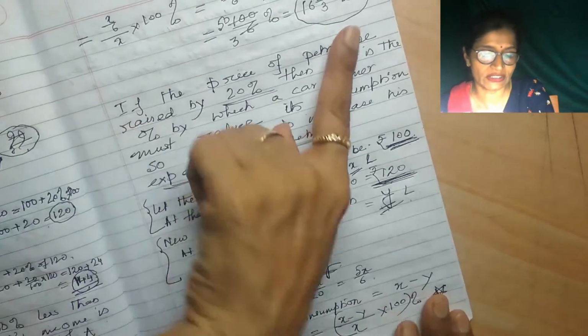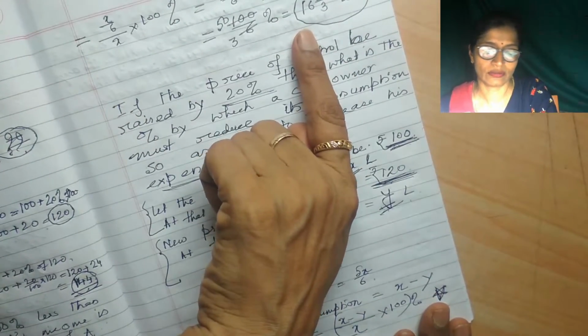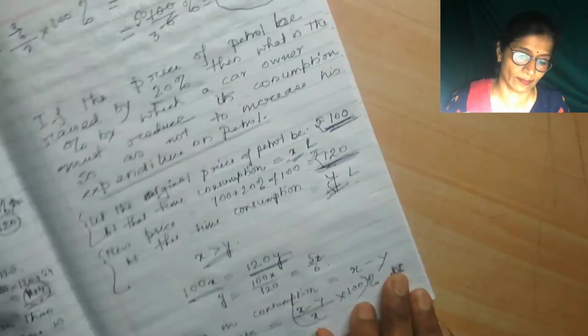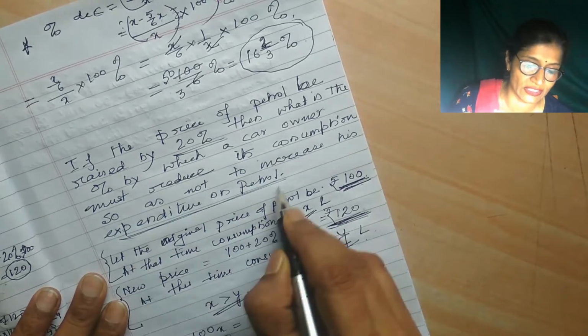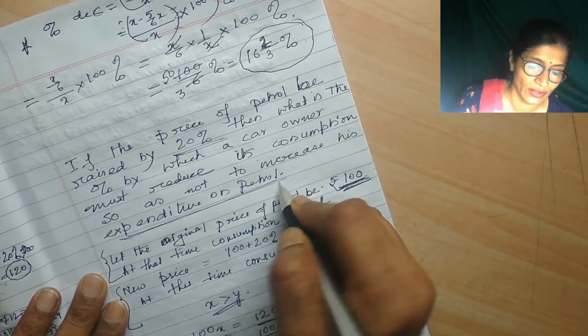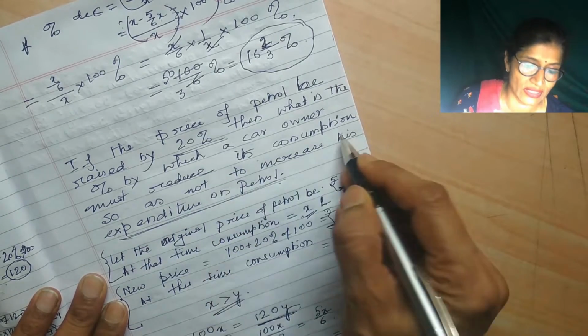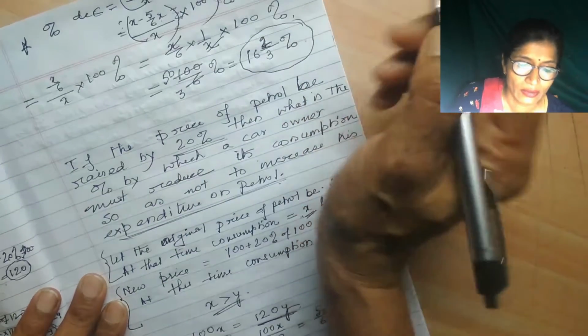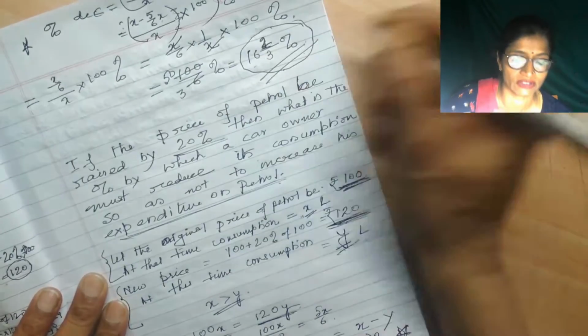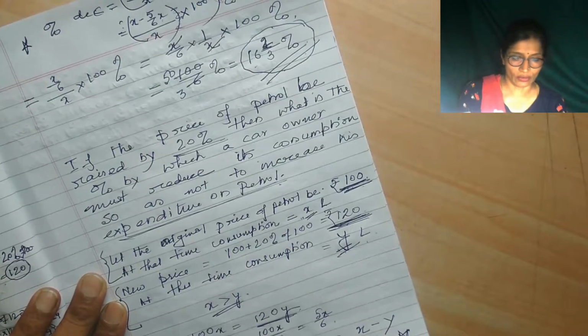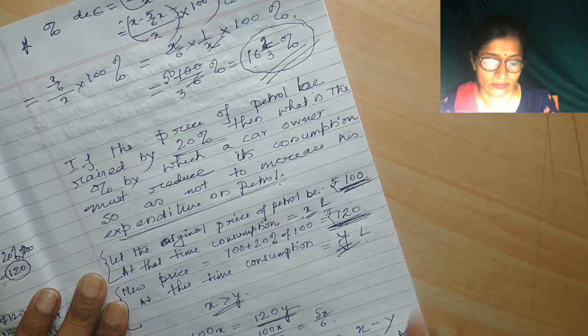So percentage decrease: so as not to increase the expenditure on petrol, he has to reduce his consumption by 16 2 by 3%.